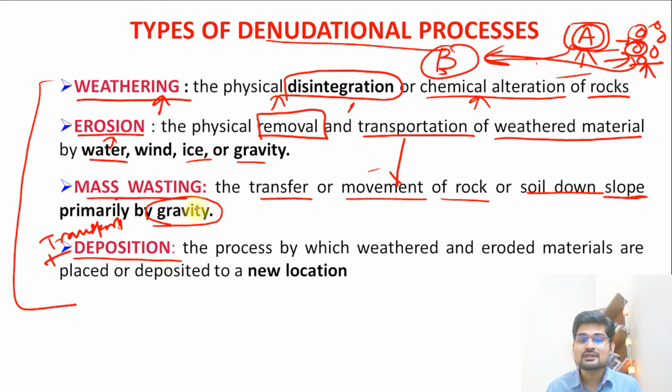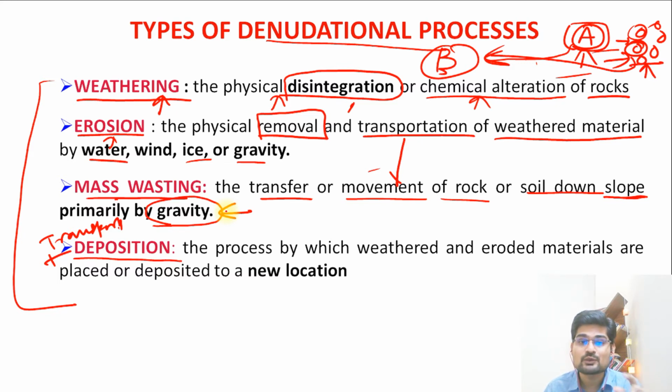So in erosion, maybe wind, water, ice or gravity, all of the processes can favor this removal of the material from one place to the other. But when we say mass wasting, we are very specific that the movement or removal of this material is only under the influence of gravity, because the rest of them are just agents that facilitate the process, but the major influencer is gravity. So that is the basic difference between erosion and mass wasting.